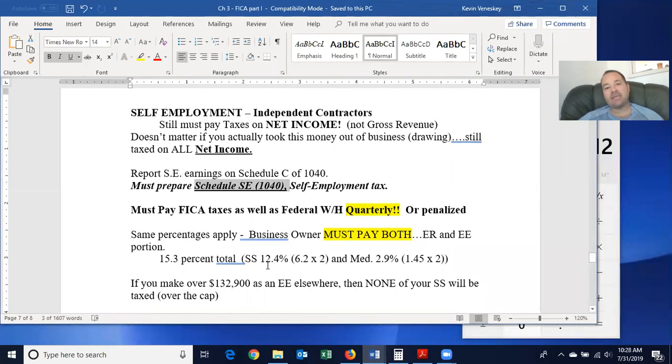Schedule SE is a piece of the 1040. It's like a Schedule A or a Schedule C. It's an offset of the 1040, and then the final amount that you get from the Schedule SE reverts back to the 1040, and it shows how much you owe in your FICA, or what they call self-employment taxes. The self-employment taxes are nothing more than the FICA taxes.